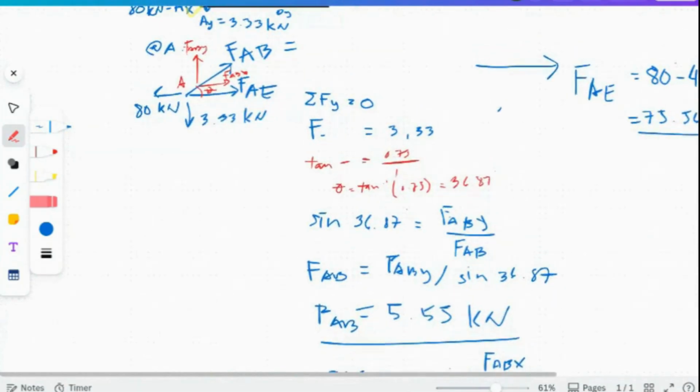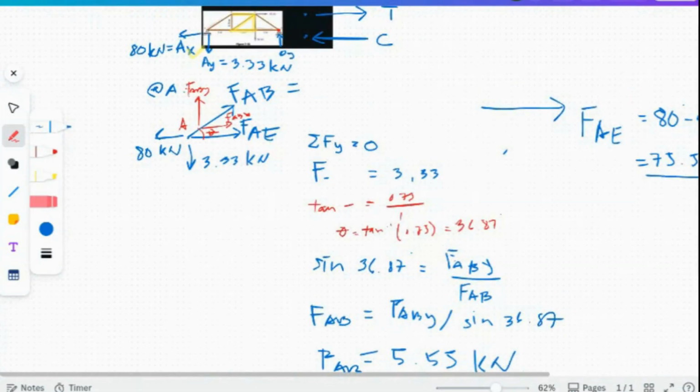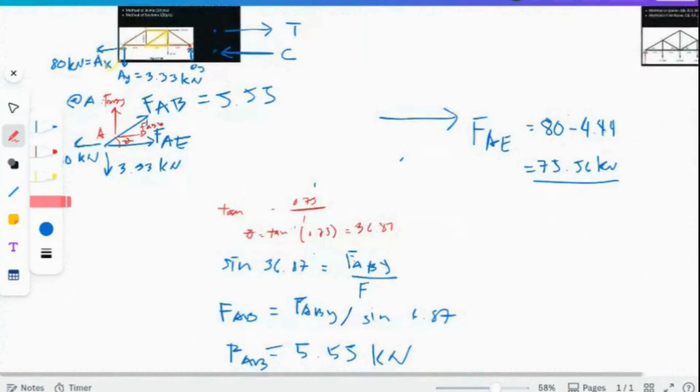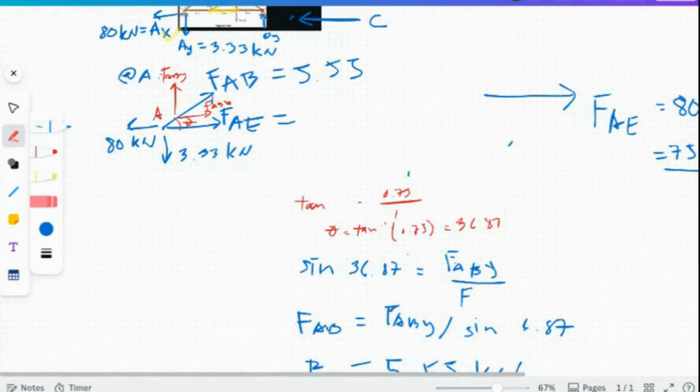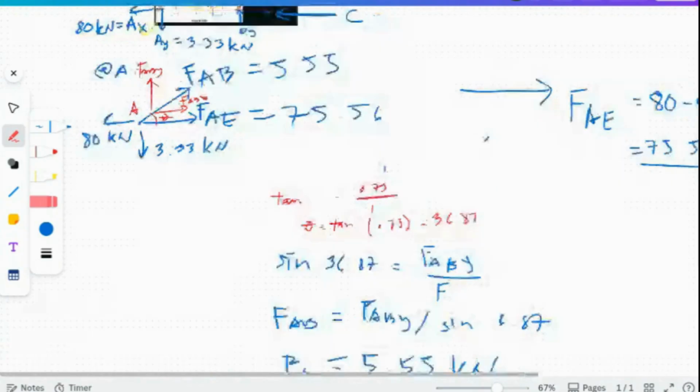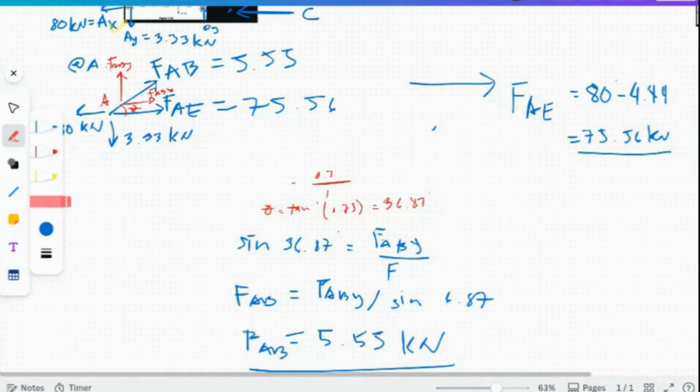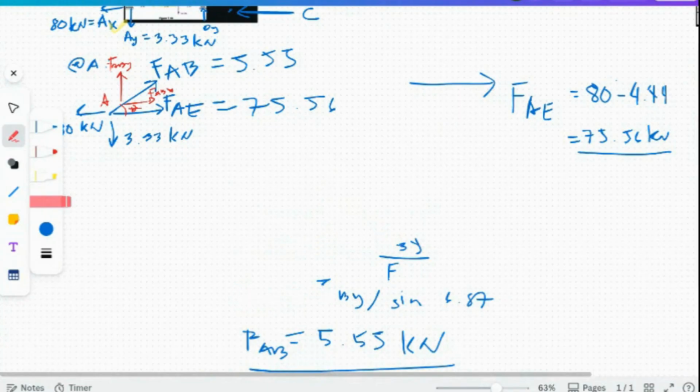That's 5.55. And then your FAE is 75.56. Okay, now let me erase everything.